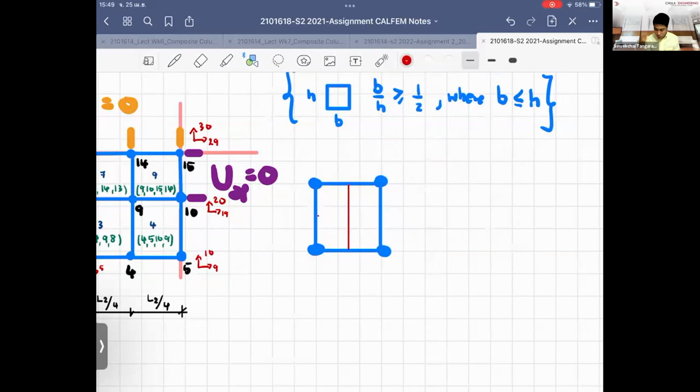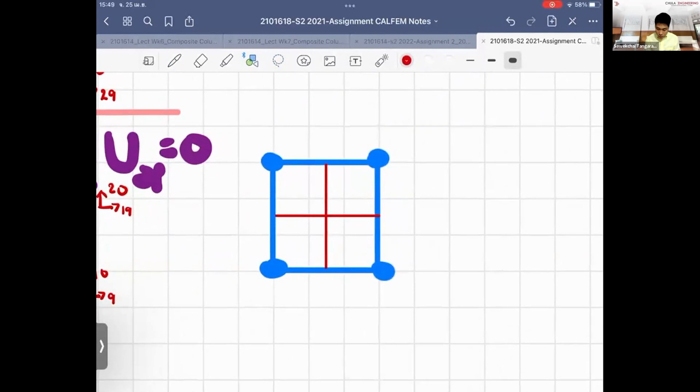So they divide it into 4, and any stress value that you can solve from the finite element package, which is derived from the displacement fields, gives you the information of the stress at the Gauss point.